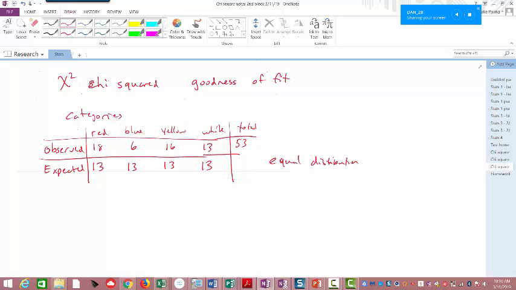But like in your lab today, the company has said 13% of your M&Ms should be red. So your expected is based on the published percentages. So what is your null hypothesis going to be?